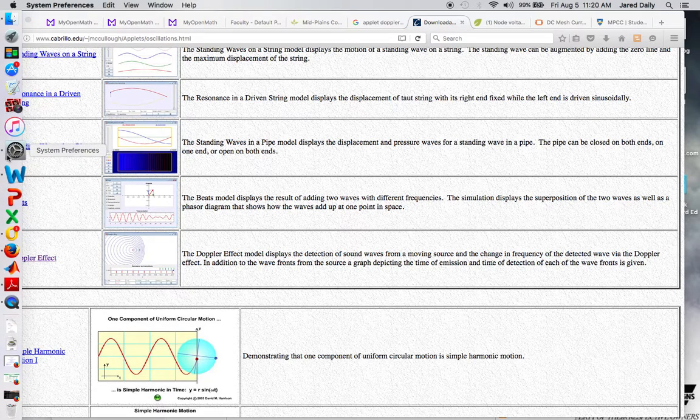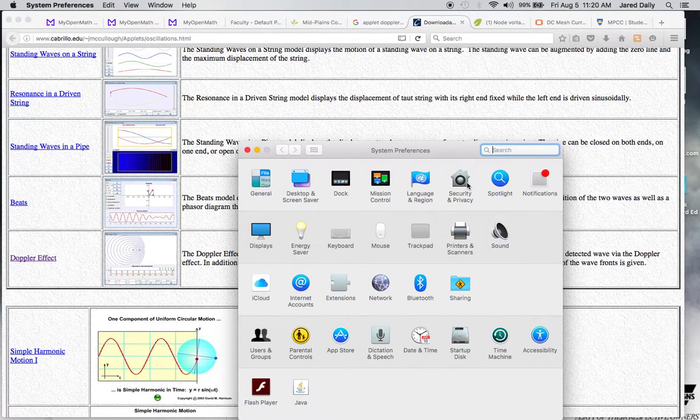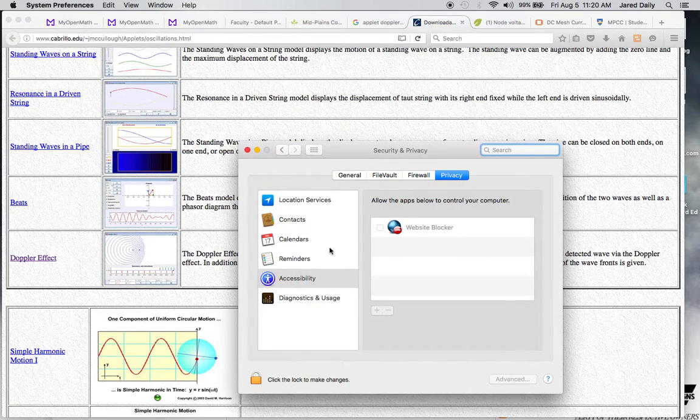Okay, apparently my security preferences aren't allowing me to do this. Let's fix it here really quick. Security preferences.